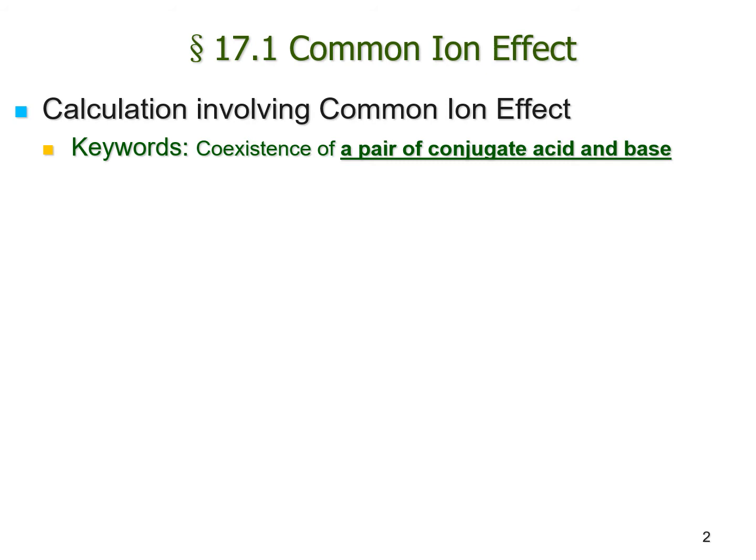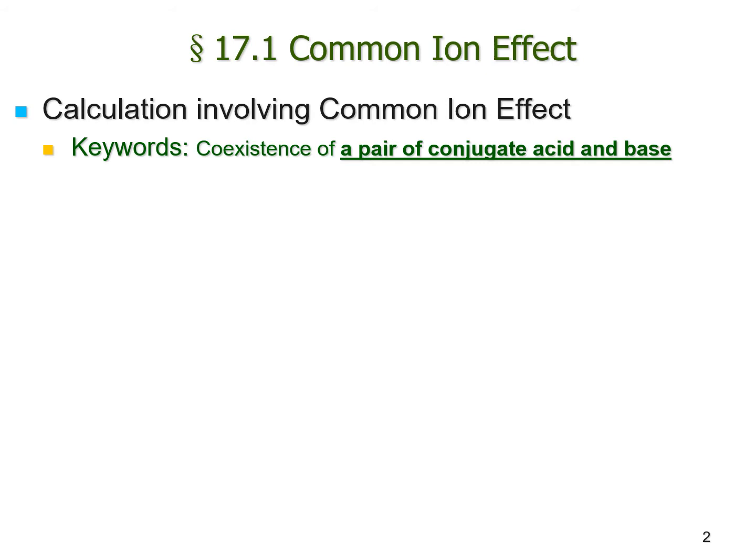That is a must for the common ion effect. Most likely, the concentration of this pair of conjugates is provided. In a very rare case, I only saw that in my own personal experience as a chemistry major student, the question asks for the concentration of one of the conjugates.